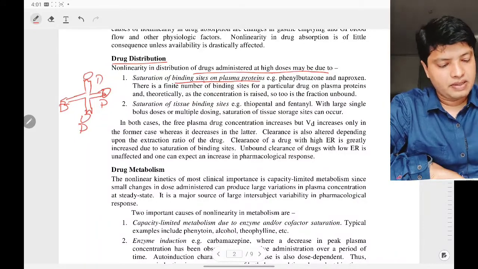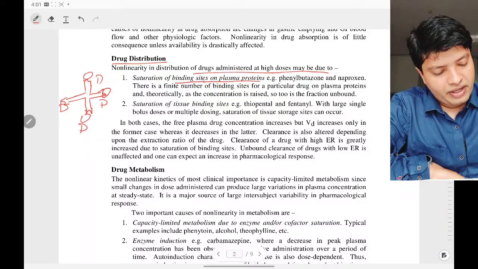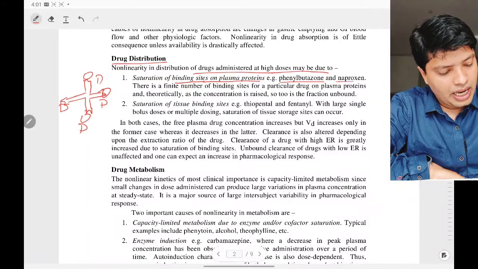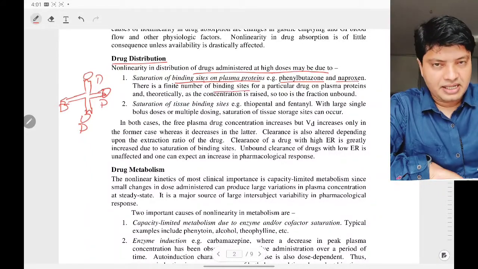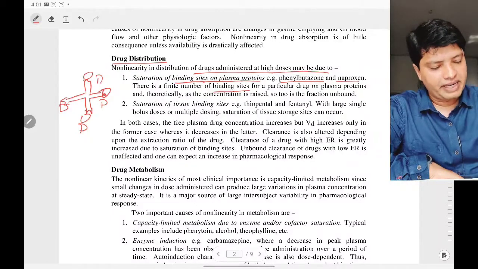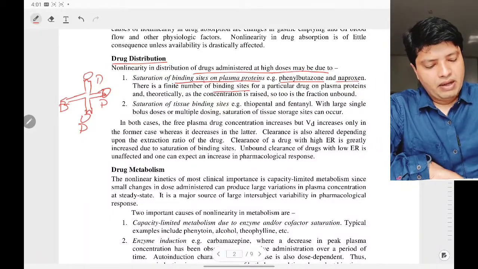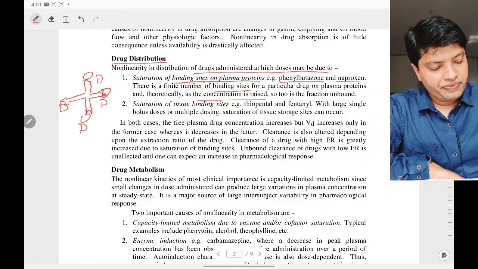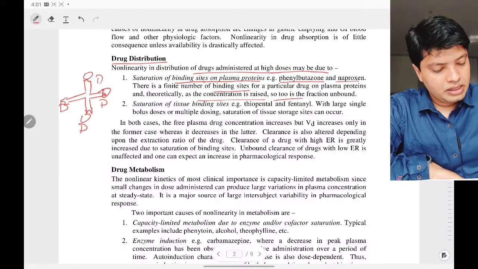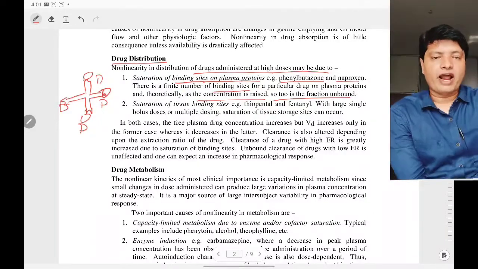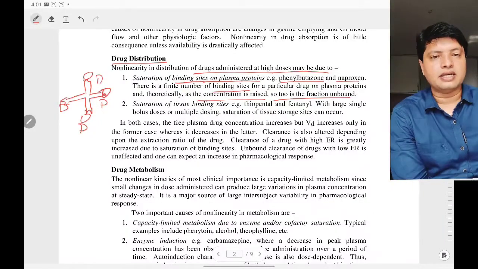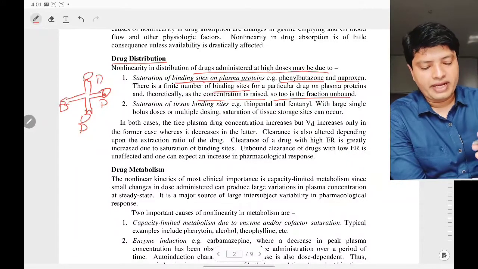Due to this, what happens? See here, phenylbutazone and naproxen: there is a finite number of binding sites. There are only a limited number of binding sites for this particular drug and plasma protein. At higher concentration, the fraction of unbound drug increases. Why is it happening?